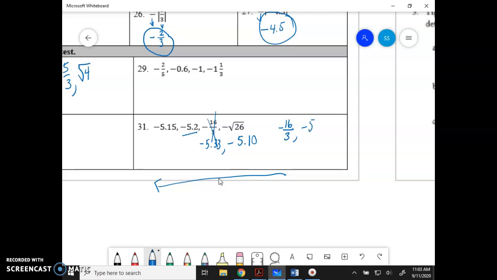So this is negative 5.2, and then we would go with negative 5.15, which was just our decimal answer. And the last one would be negative 5.0, which was negative square root of 26. All right, hopefully that helps.